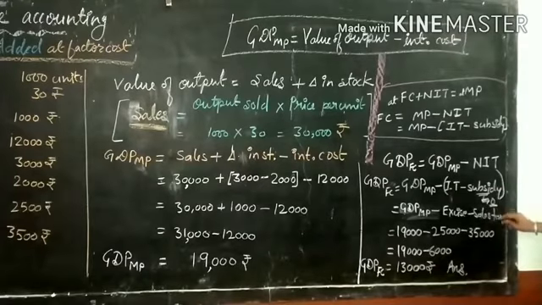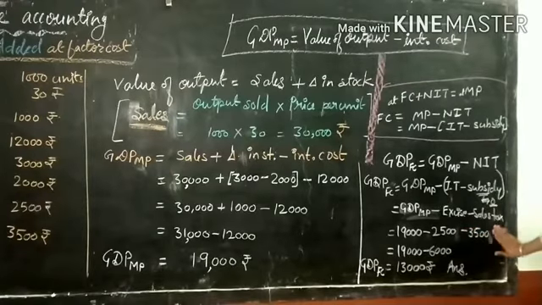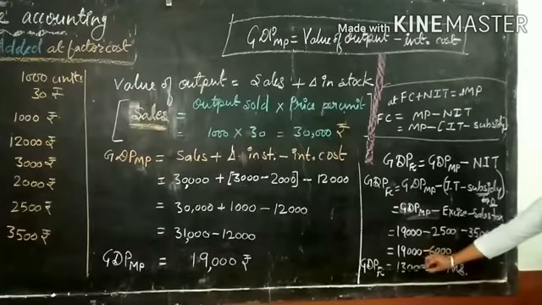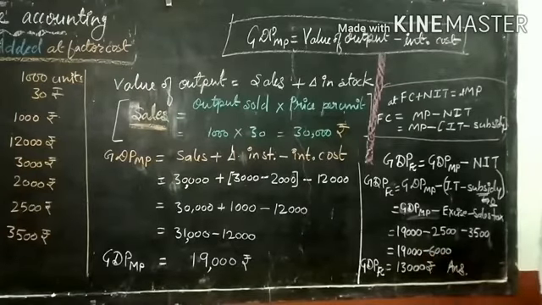Excise is mentioned 2,500, and sales tax is 3,500. So 19,000 minus 2,500 minus 3,500. 2,500 and 3,500 equals 6,000. So 6,000 deducted from 19,000 and we get 13,000 as GDP FC. This value is our gross domestic product at factor cost.